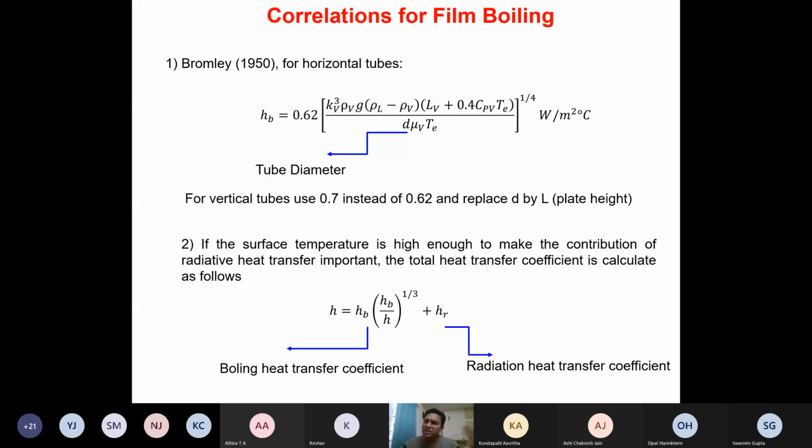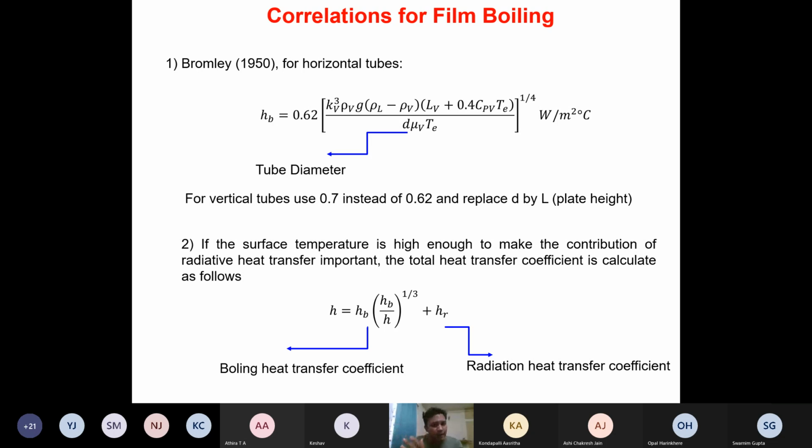Again, if for some reason you want to operate in the film boiling regime, the correlations one has to use are given here. Such situations mostly take place in a nuclear power plant, where a large amount of heat is generated, and therefore you will not be able to restrict your boiling only to the nucleate boiling regime.